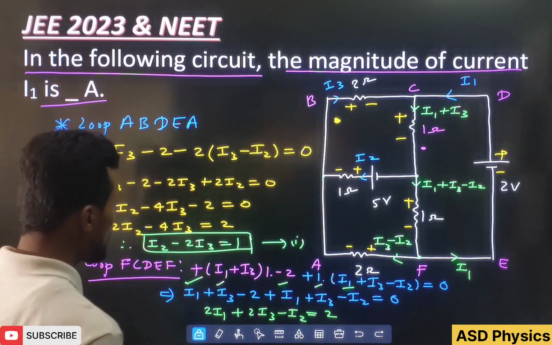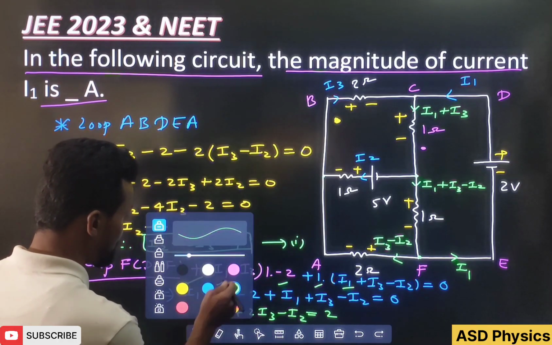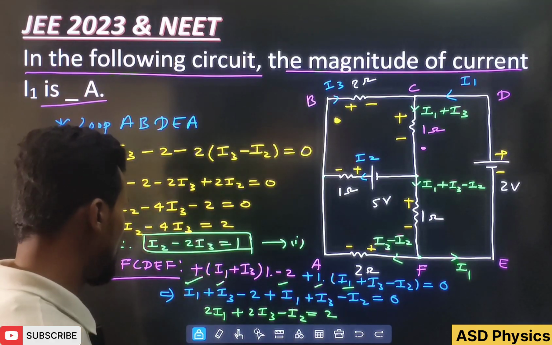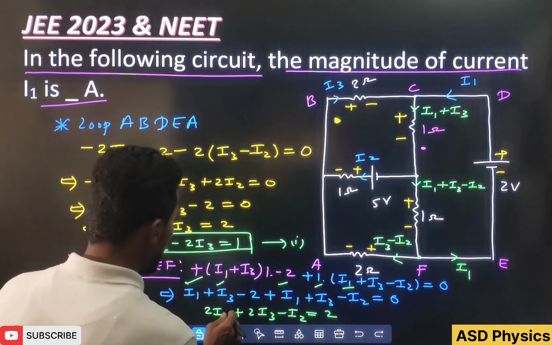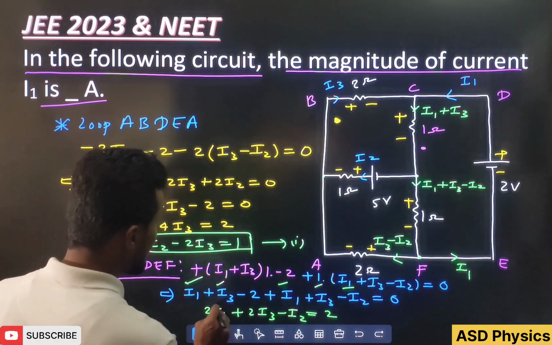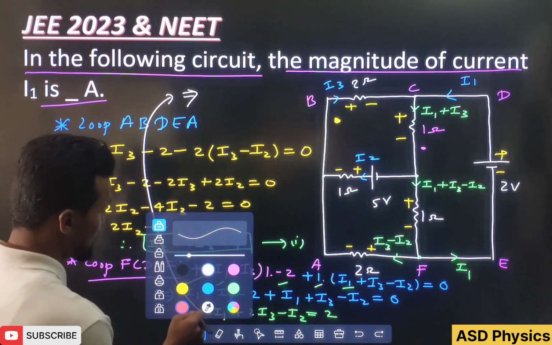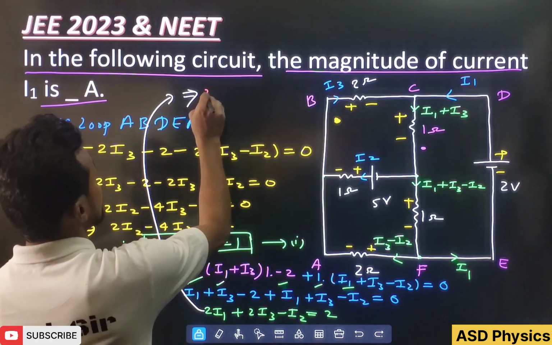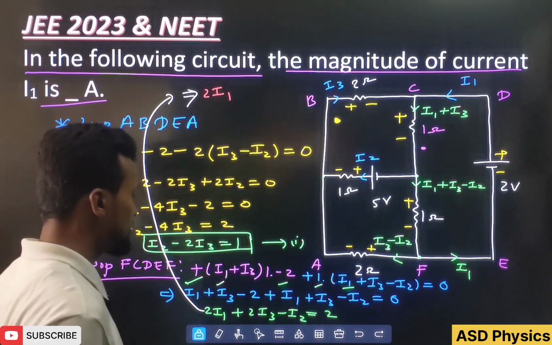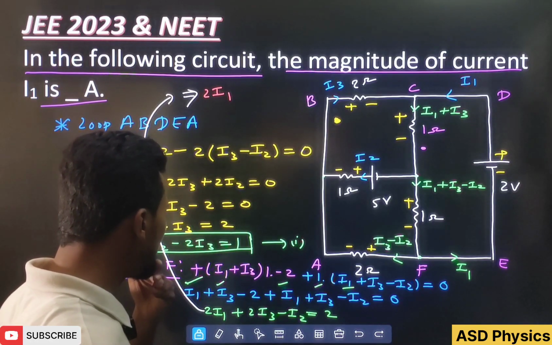Okay, students. Now you know very well, if in case I simplify this somewhat, let me just write here: this is 2I1. What is the value of 2I3 minus I2?